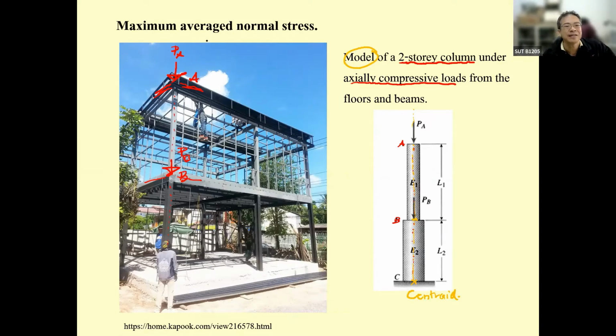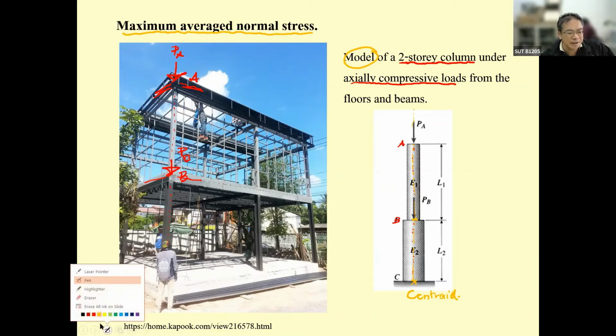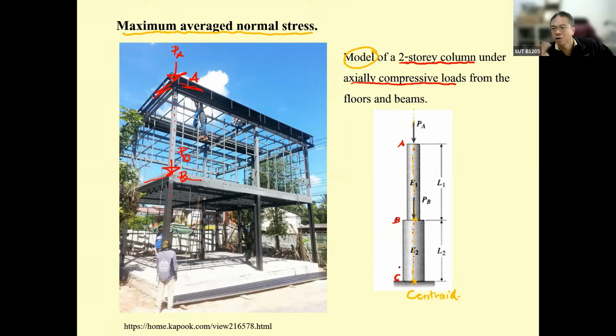If we are interested in determining the maximum average normal stress that occurs on this column A, B, C, we have to consider this column in two parts: one for AB, another for BC.